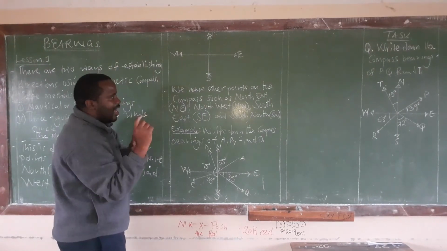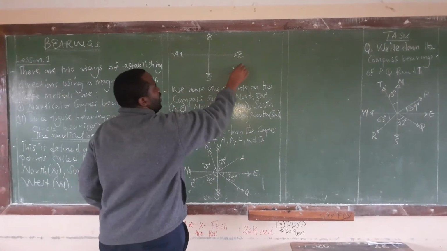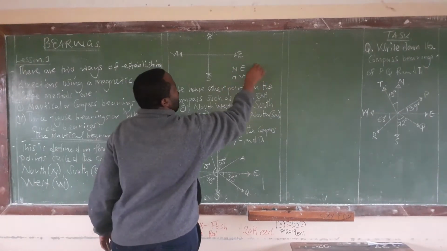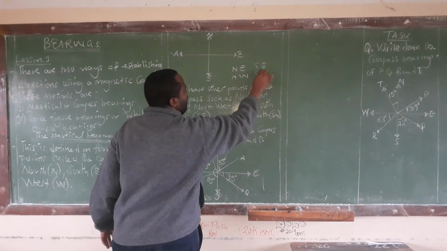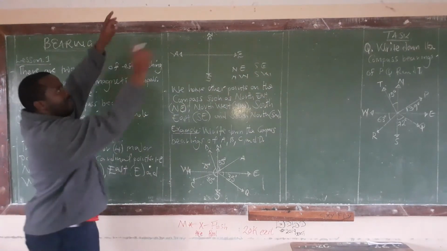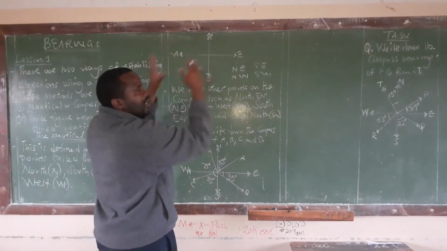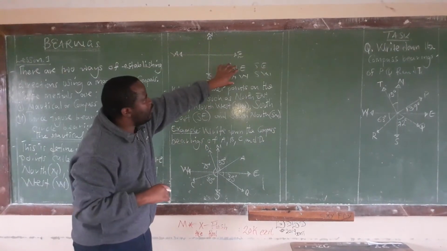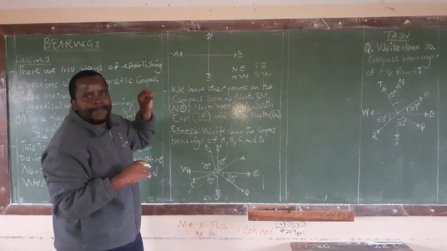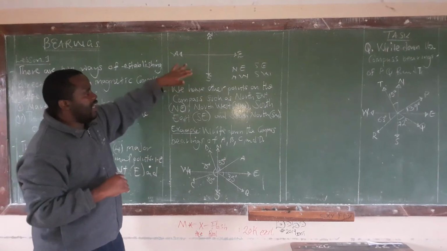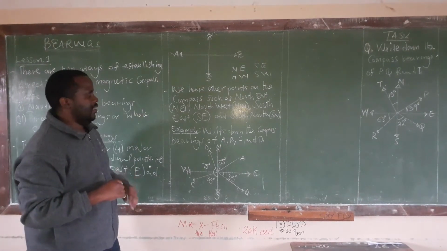So there are these other points: the northeast, northwest, southeast and southwest, defined by the 4 critical points. It is these points that we use now to read the nautical bearings.